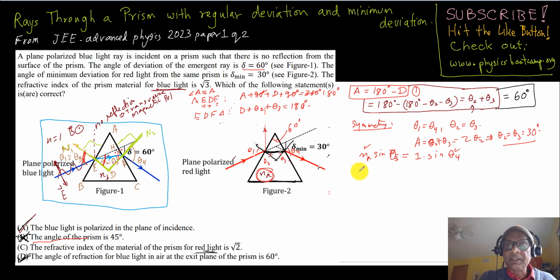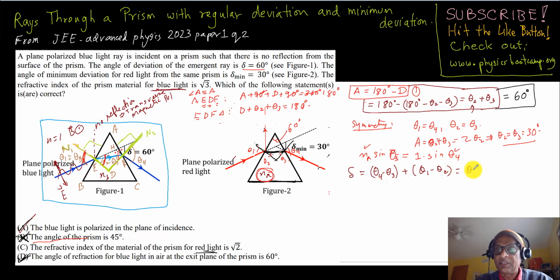Previously, delta generally is equal to theta 4 minus theta 3 plus theta 1 minus theta 2. That was originally I raised over here. So you can see this is just equal to theta 4 plus theta 1 minus theta 2 plus theta 3, and this is just equal to A. And this is equal to each other.